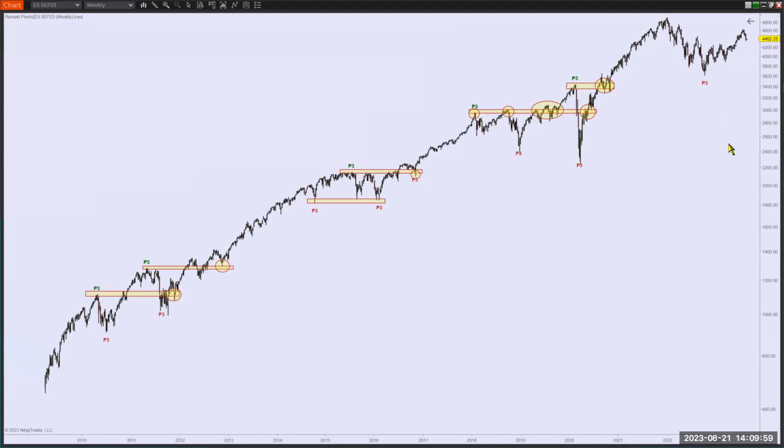Anyway, the point is that Remek pivot identifies pivot points, obviously starts with pivot 1 in each case, and then graduates these pivot 1s to pivot 2s and into pivot 3s as market data comes in. This will allow us to shape our thinking. You could be on a 5-minute chart, you could be on a weekly chart.